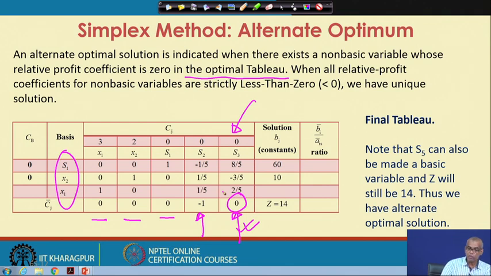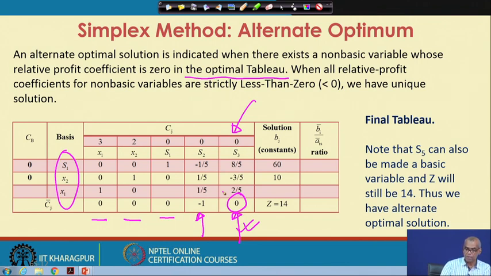If the Cj bar value is 0, it means that if that non-basic variable is made a basic variable, there will not be any change in the objective function, because Cj bar represents the net change in the value of the objective function when the non-basic variable is changed.